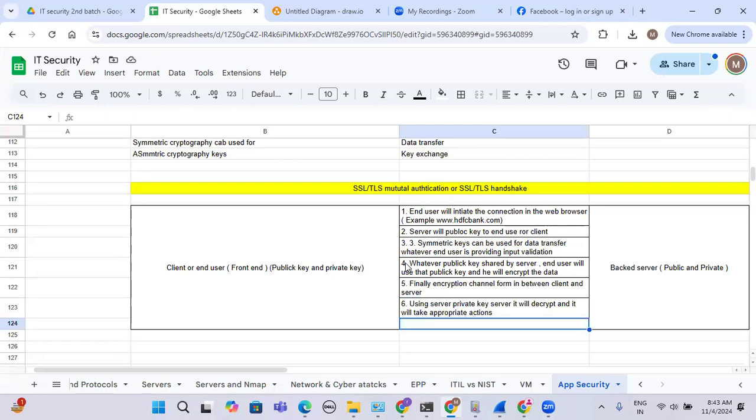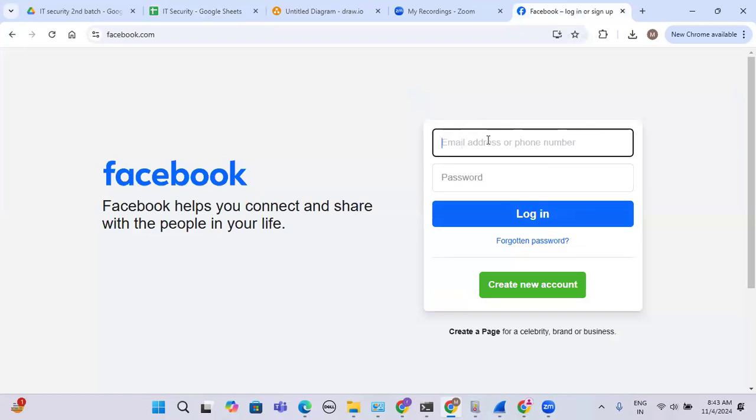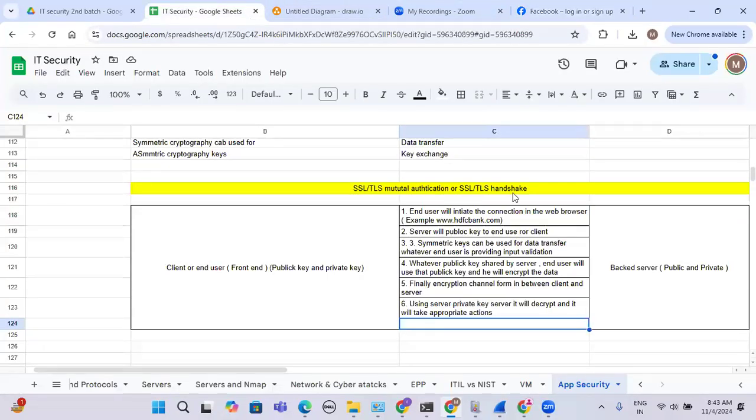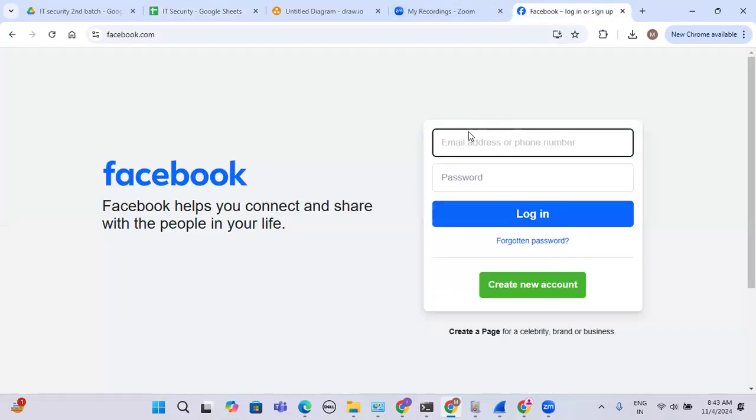Now I have one question in this overall 6 steps. Here the end user is providing the username and password, so it is providing authenticity. Using the keys, we are encrypting the data and sending it, which provides confidentiality, the privacy or secrecy of the data. Whenever any attack happens, who has done what, because the end user is logging in, that is called non-repudiation or traceability.